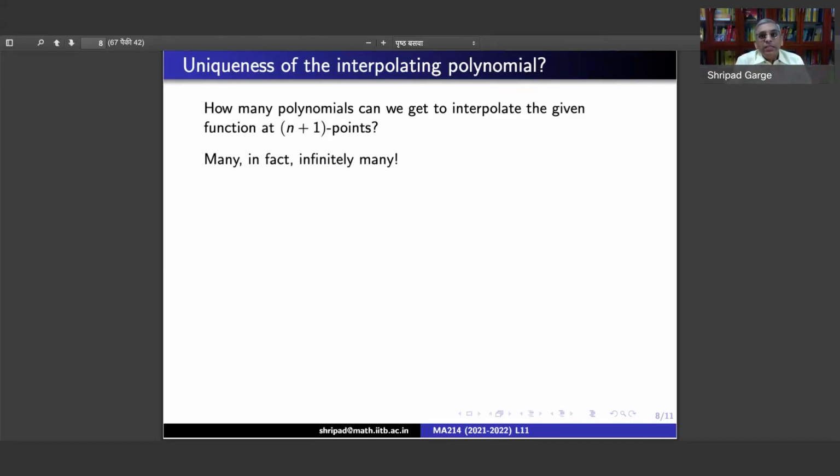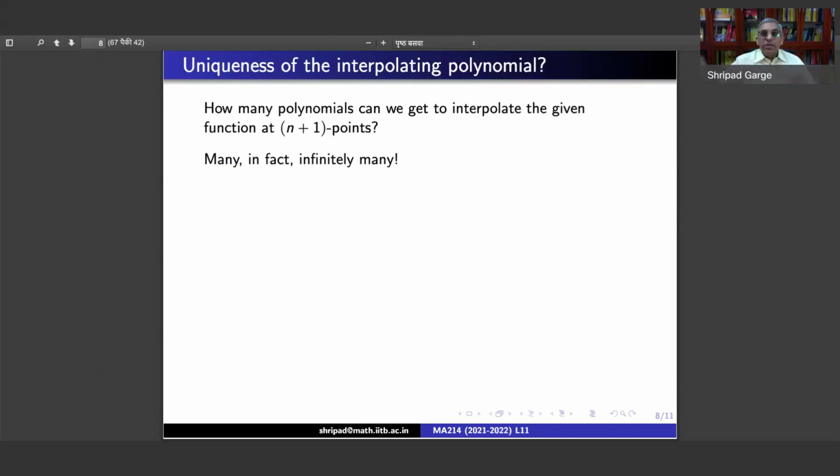Why do we get that? This is because Lagrange will give you a polynomial of degree at most n, once you have these n plus 1 points. So you add one more node, the n plus 2th node, and make sure that the value of this function that you define on the n plus 2th node is not equal to the value of the polynomial that Lagrange has given you.